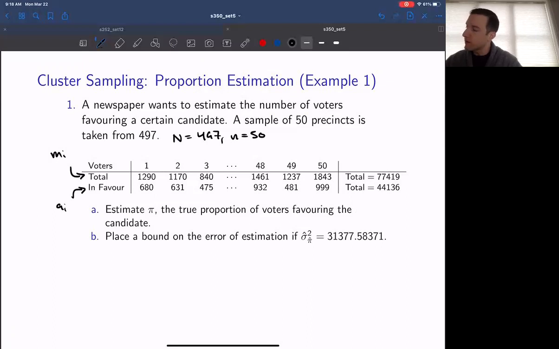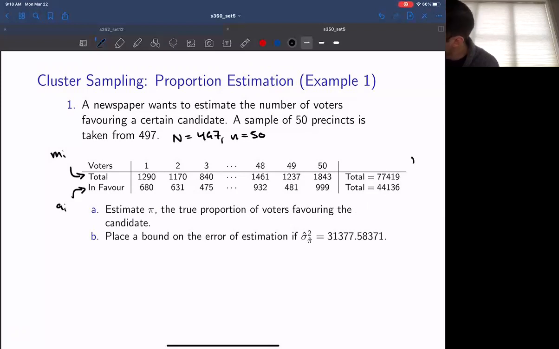So in this particular case, we're basically asking, are you in favor or not in favor of a certain candidate? There's 680 of 1,290 people in the first precinct that are in favor. Okay, so the 680 counts the number of people that said, yes, I am in favor of this candidate within that precinct. And that's consistent across all of the different precincts, which we are calling clusters in this particular case.